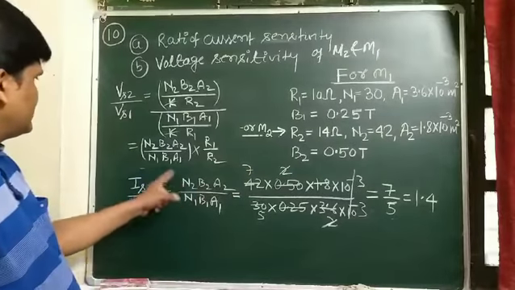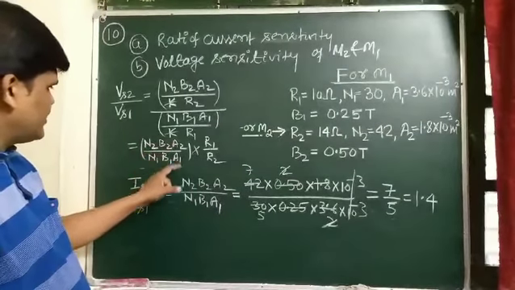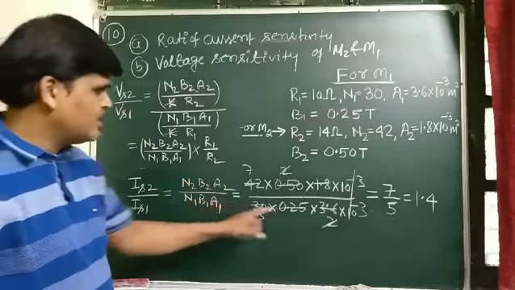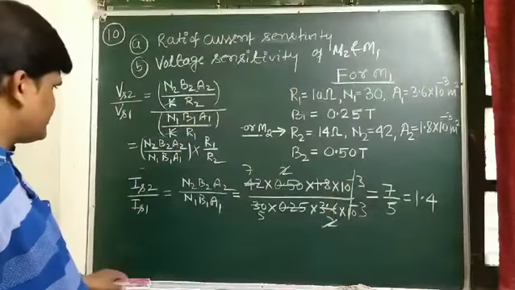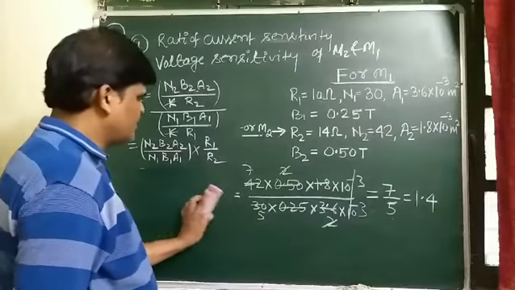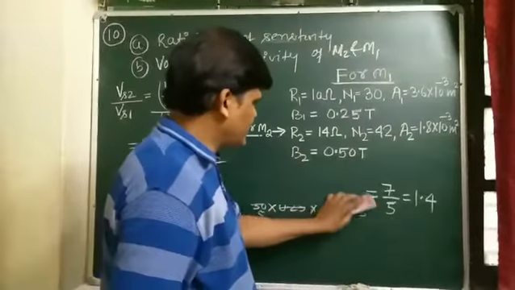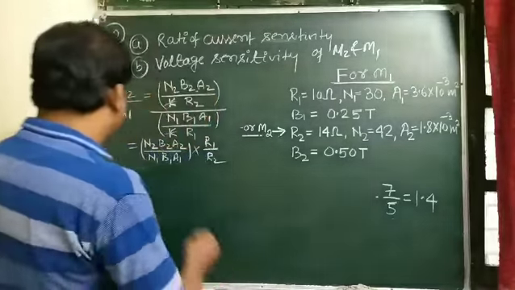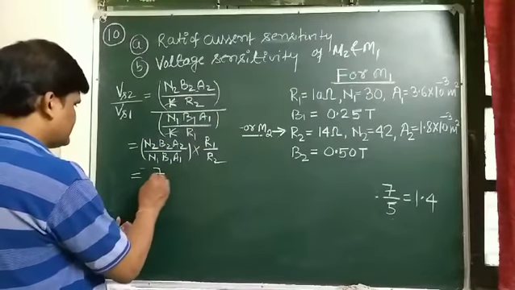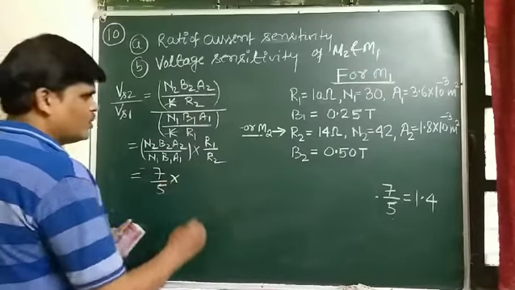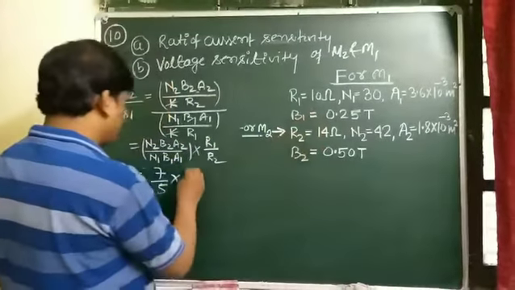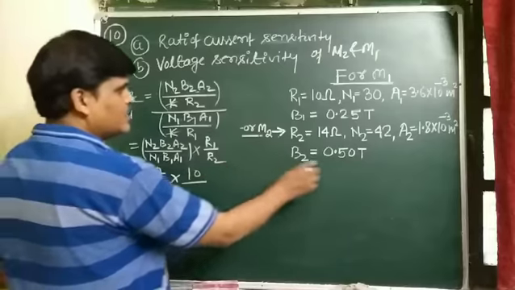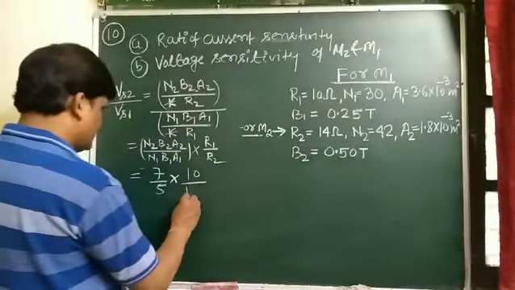I have already calculated N2 B2 A2 by N1 B1 A1, which is 7 by 5. So we can write 7 by 5 into R1 by R2, where R1 is 10 ohm and R2 is given as 14 ohm.